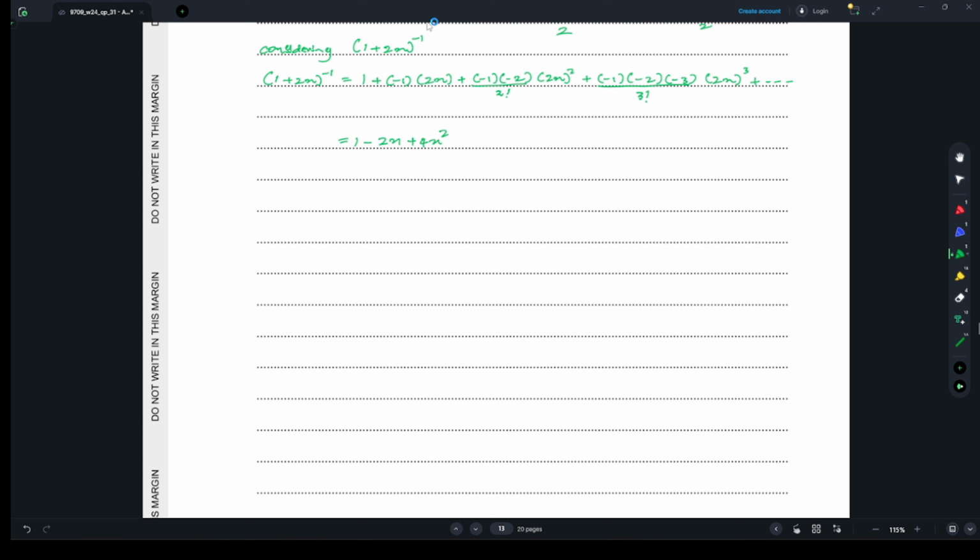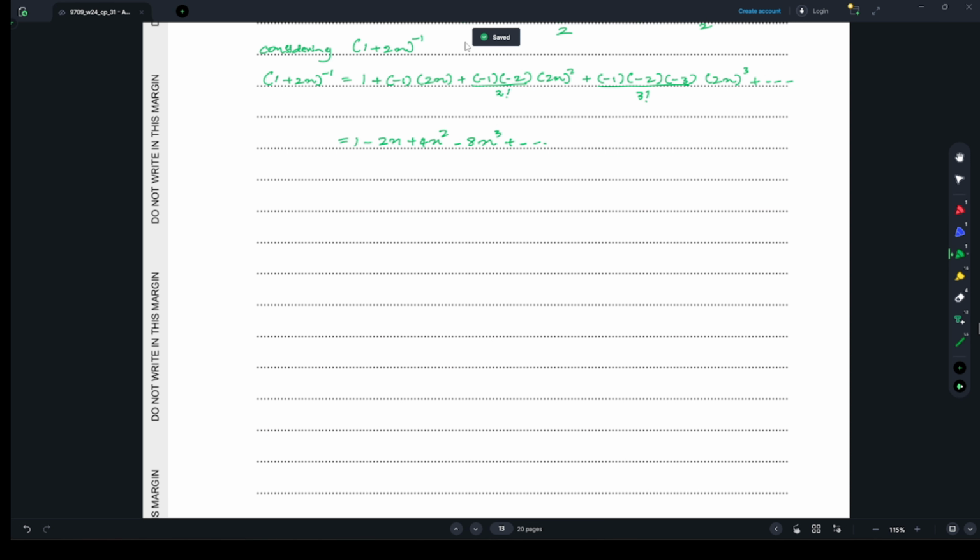Yeah, 2 to the power 3 is 8. So 8x cube. This is minus 8x cube.